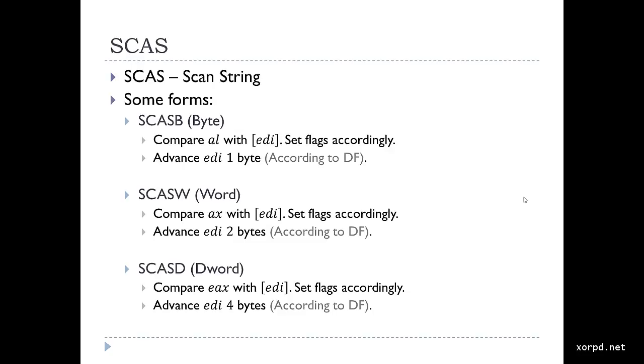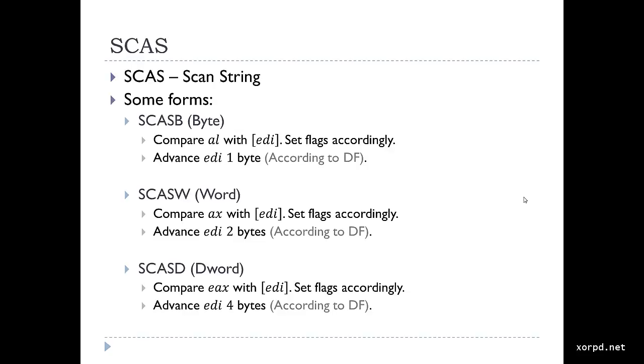It then sets the flags accordingly. Then immediately it advances EDI 1 byte according to the direction flag. If the direction flag is 0, then EDI is increased by 1 byte. However, if the direction flag is 1, then EDI is decreased by 1 byte.